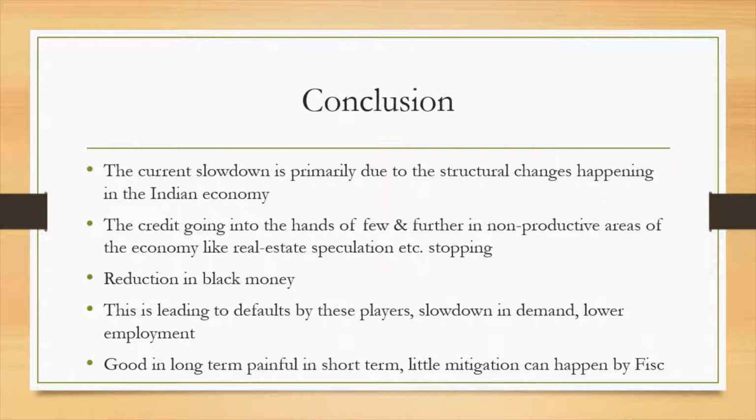Let's conclude. The current slowdown in the Indian economy is primarily due to the structural changes happening in the Indian economy, as I explained before. What are those structural changes? The credit that was going into very few hands, which was further being used in non-productive areas like asset speculation, particularly real estate speculation, has stopped.